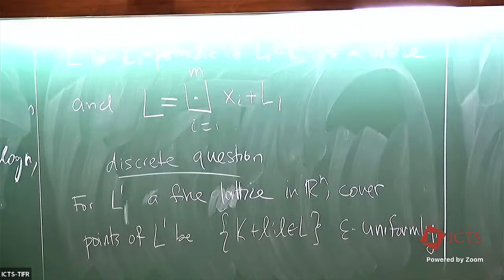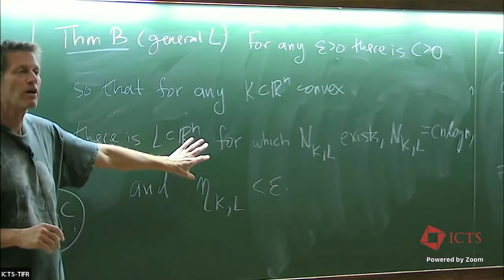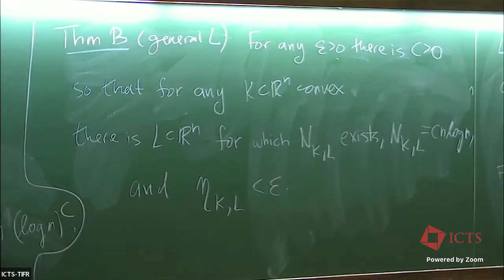So I'm going to be discussing the proof of Theorem B. Very briefly, we're being given a set K in some large dimension, and we're trying to find a set L for which we get a smooth cover, and we'd like to not have to dilate K too much.